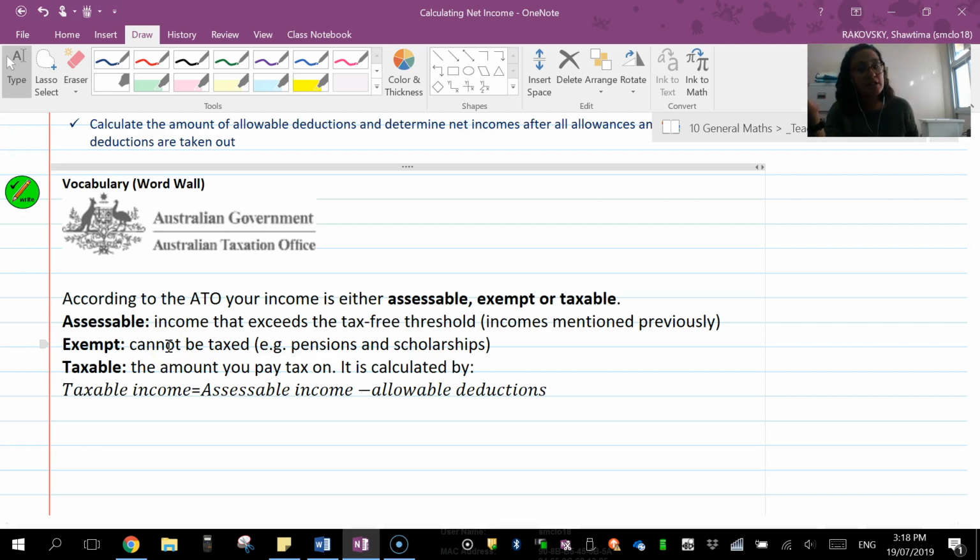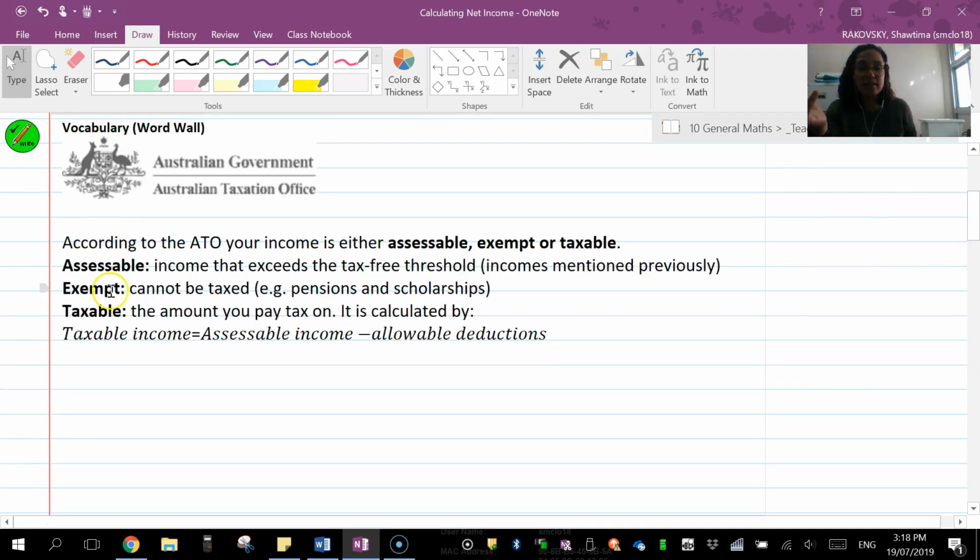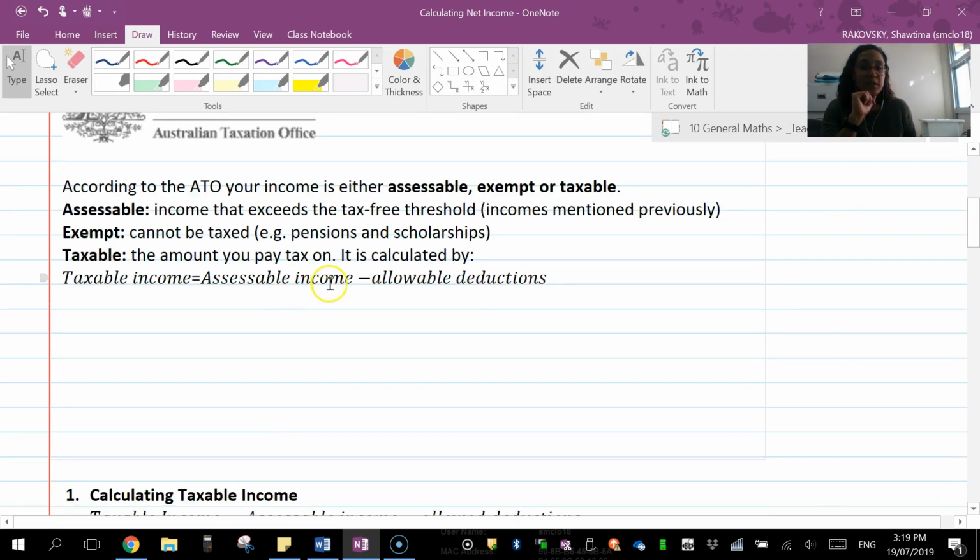So the more money you make, generally the more tax you pay. You have an assessable income, and if you have certain incomes, they can be exempted, and anything that's taxable is what you're going to pay the tax on.